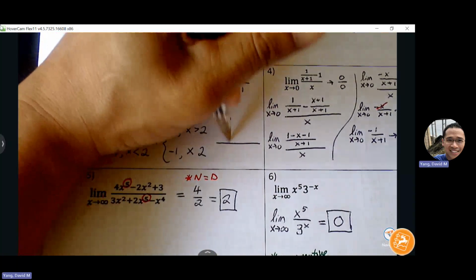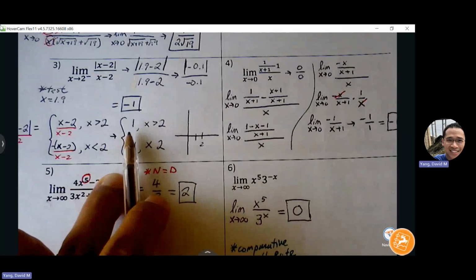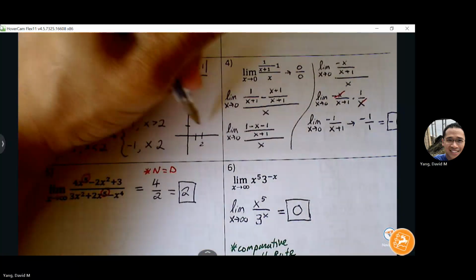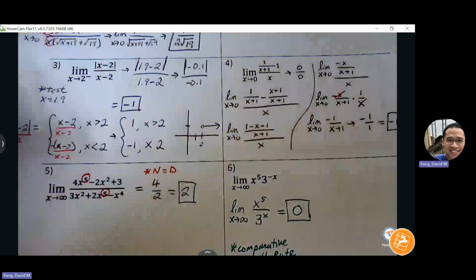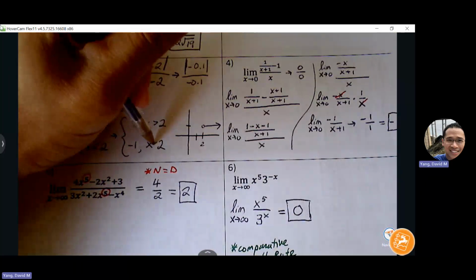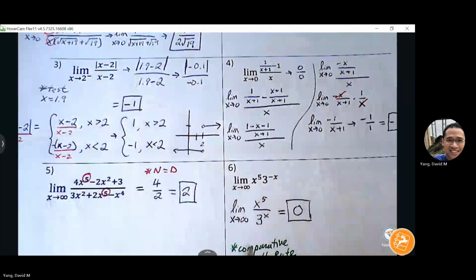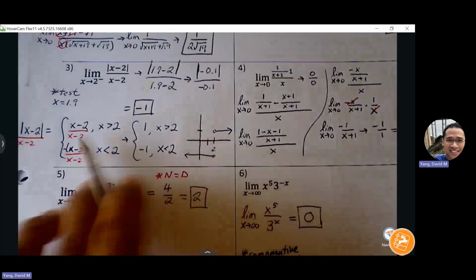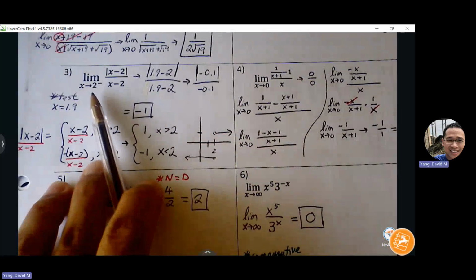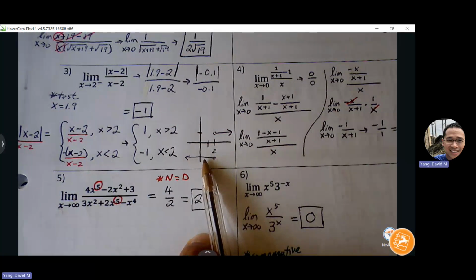If you sketch this graph out here at 2, you have a graph that has a y value of 1 to the right of 2. And then you have a y value of -1 that is to the left of 2. And if you're able to sketch this graph out visually, from the left side of 2, I'm picking a point to the left side of 2, and by heading towards 2, you can see that my y value is holding steady at -1.